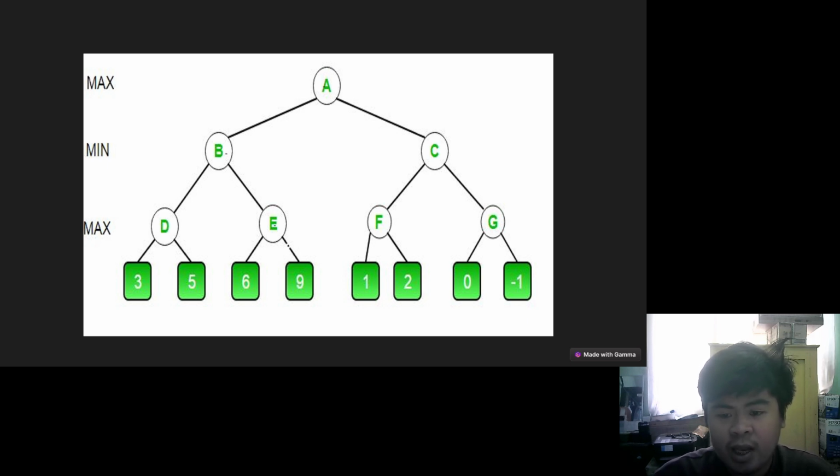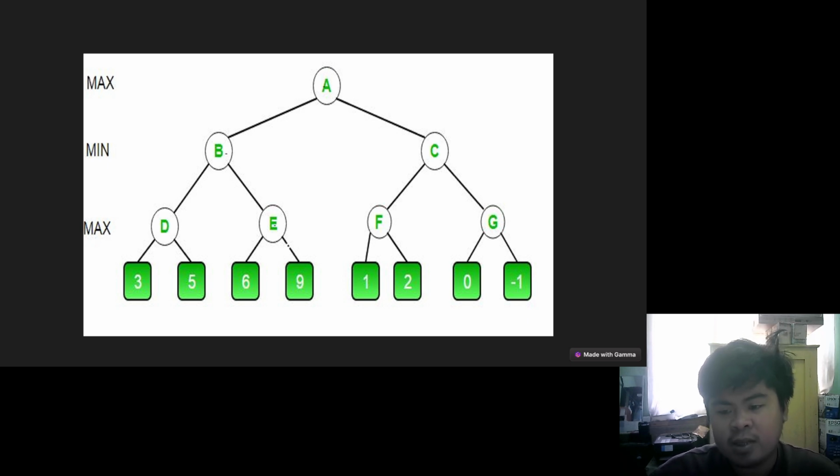So at E, the values of alpha and beta are not negative infinity and positive infinity, but instead negative infinity and 5 respectively, because the value of beta was changed at B and that is what B passed down to E. So now E looks at its left child, which is 6.